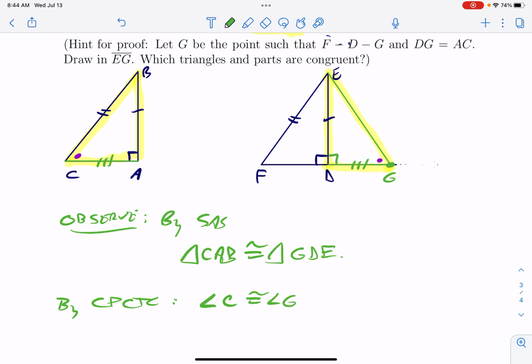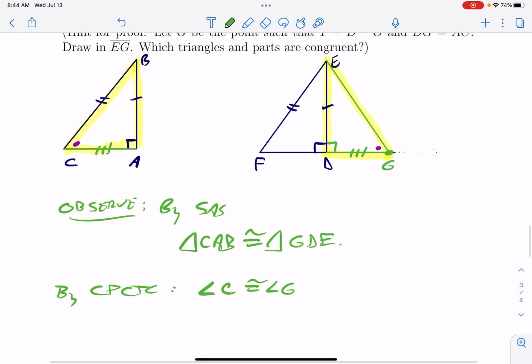Those are congruent by CPCTC. And also, just focusing on those yellow triangles, segment BC is congruent to segment EG. So I can mark this with the double stroke.